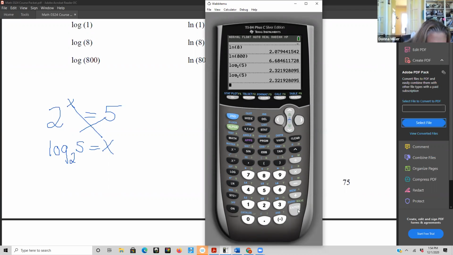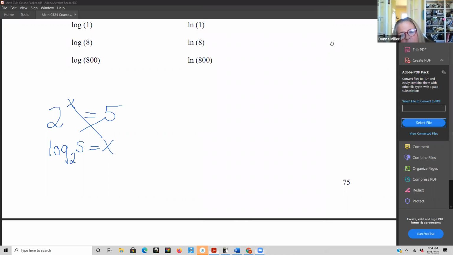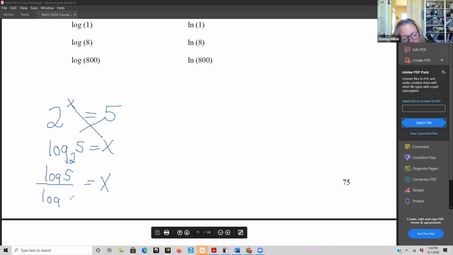Now, if you have an 83, you don't have the log base button. All right, so what do you do? You do something else. If you have an 83, what you're always going to do when you have an answer like this is take the log of the big number over the log of the base, the small number. I remember the 2 was on the bottom, it's the base. The base goes on the bottom.